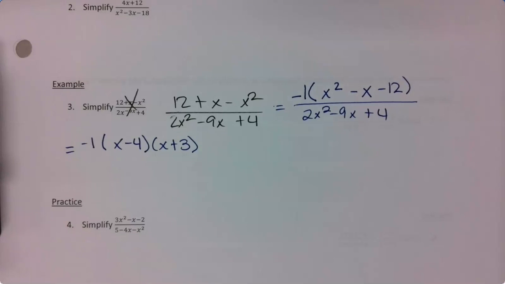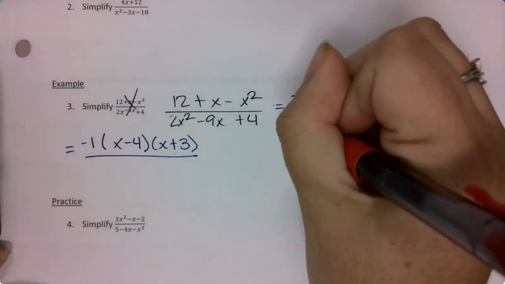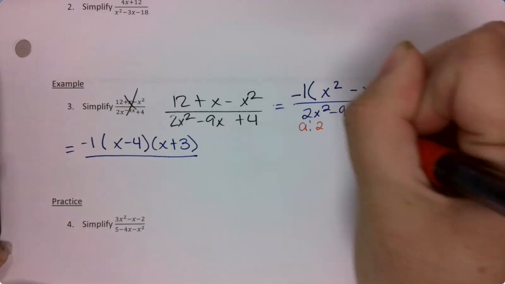Okay, so then my denominator, this one is not as easy to factor because I have a number out front. So I'm going to use my AC method here. So I'm going to start off by labeling my A, B, and C values.